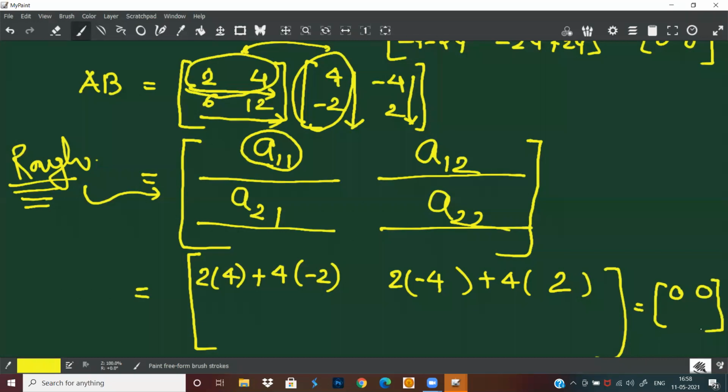Shreya, you asked me, so are you clear about this? Now how do you do it for A21? Tell me. Second row. So use the second row with the first column. There is 6 into 4. Which order, beta? Have you understood this element or not? How I got it?